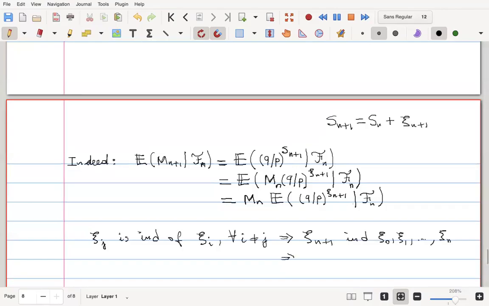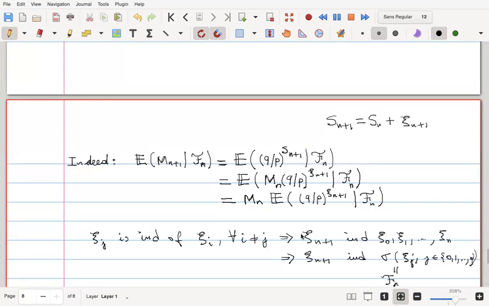So that is, psi n plus 1 will be independent of the sigma algebra generated by psi j, where j runs from 0 up to n. And this is nothing else than F sub n, right?